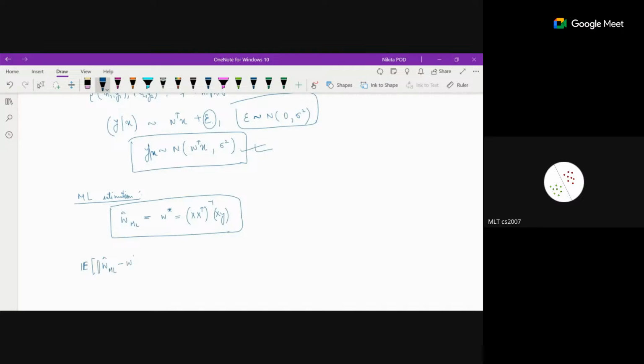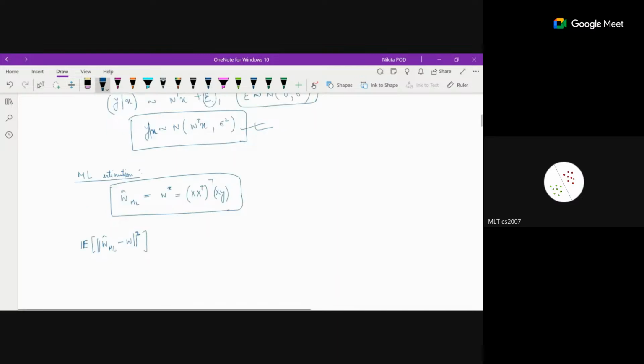minus the true W. Your W is the true W. So in order to check how good this W hat ML is, we find the expectation of this norm. And what we saw is that this expectation was sigma square times trace of (X X transpose) inverse.